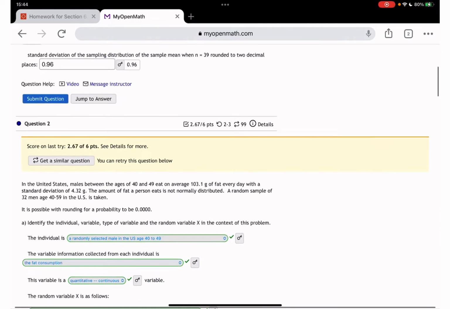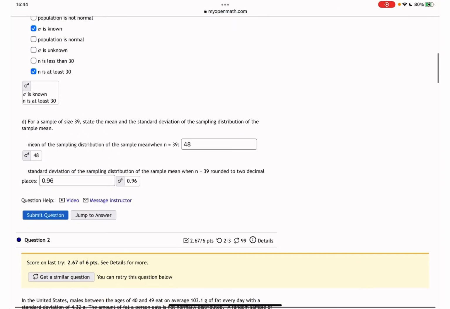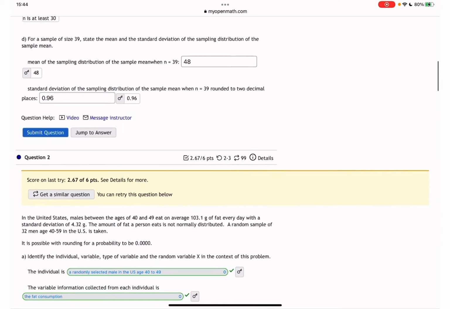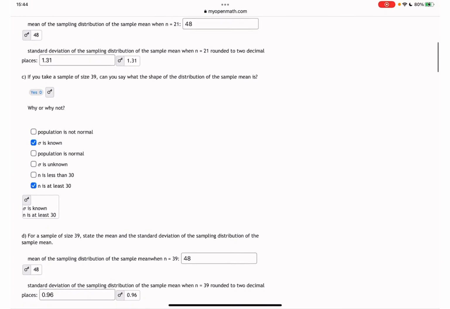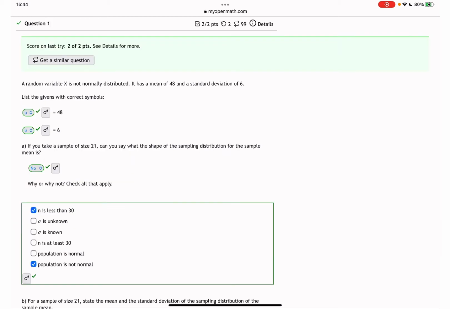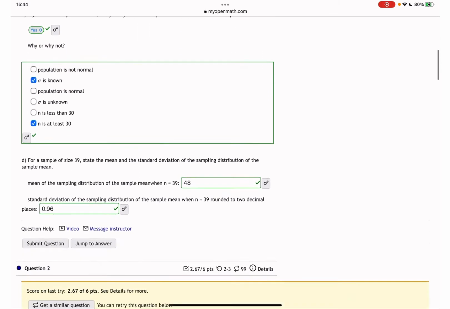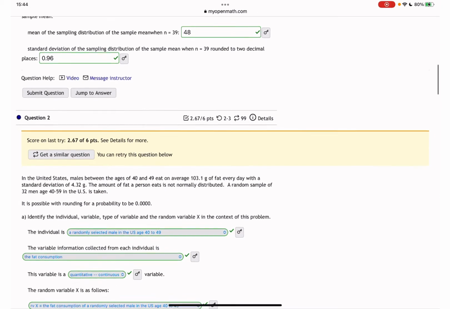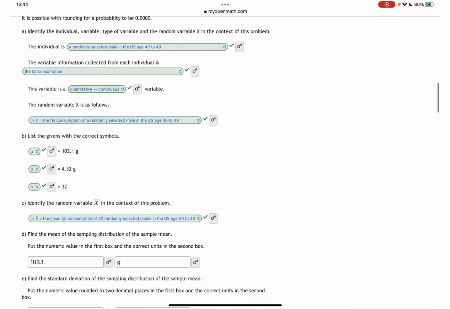This is our question 1. Yeah, we finished question 1. Did we check question 1? I think we checked. No, we didn't. Now it's correct. So we are doing question 2 now.